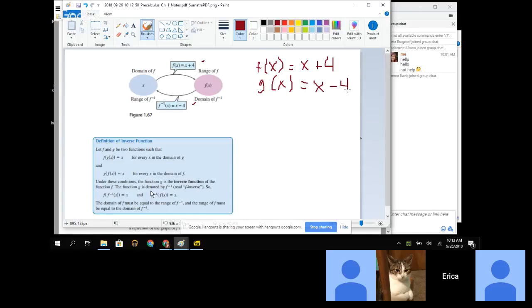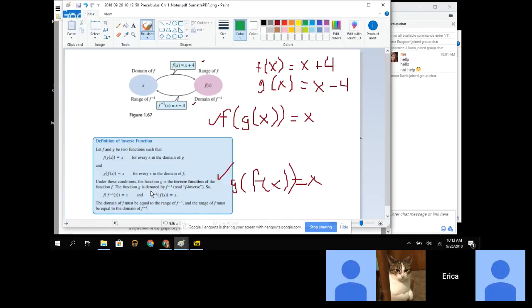I already showed you that they're inverse functions. But in order to prove it, we need to prove that f of g of x equals x and that g of f of x equals x. And if these two are true, then we can say that they are inverses of each other.